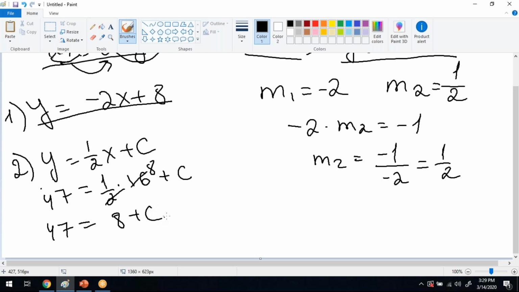So 8 plus c. C will be 39. So y equals 1 over 2 x plus 39.